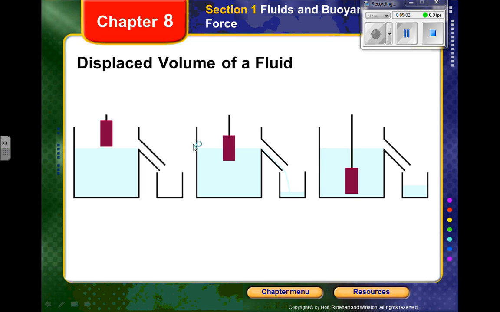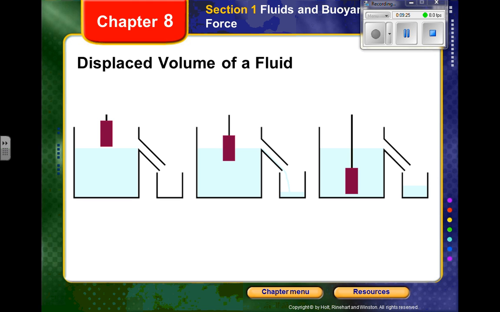They call that the displaced volume. When they talk about ships, they usually say how much water it displaces in the ocean, and they use that to say how much upward force is needed for the ship to float. A gigantic steel ship that weighs hundreds of tons can float because it takes up a lot more space.